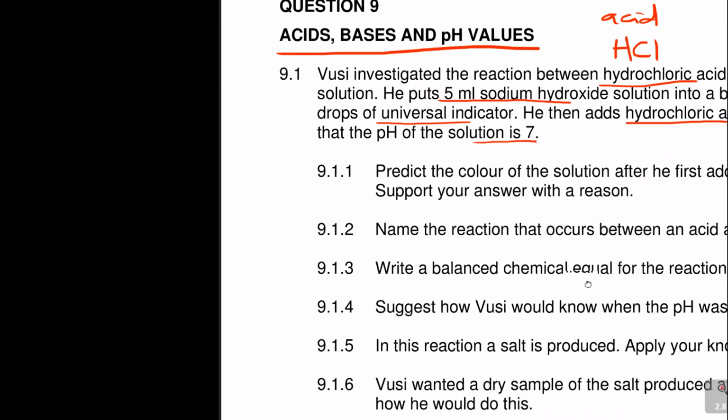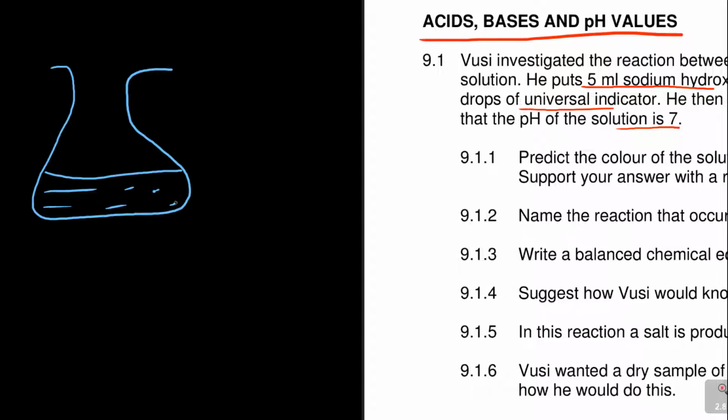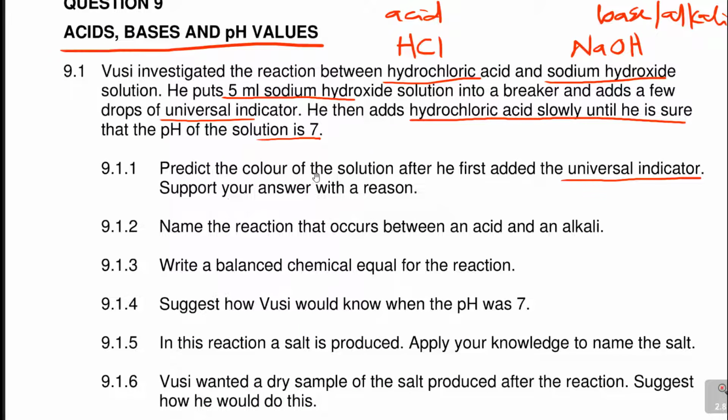So what he has is, look at this. Let's say he has a flask, and in the flask, the first thing that he has is sodium hydroxide. And then if you put a universal indicator in here and shake, what is going to happen now? Predict the color of the solution.